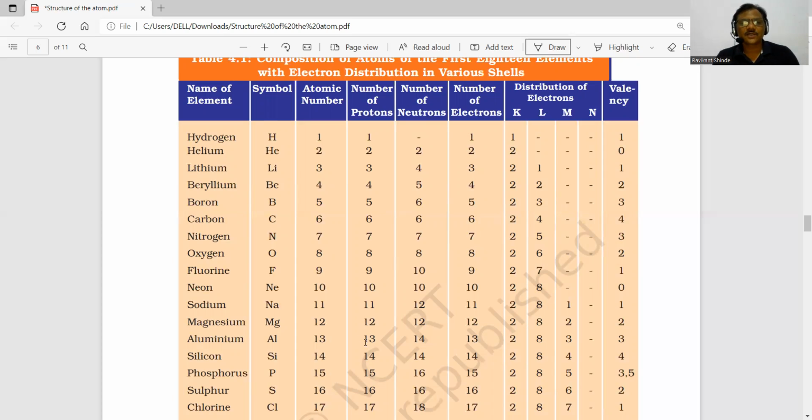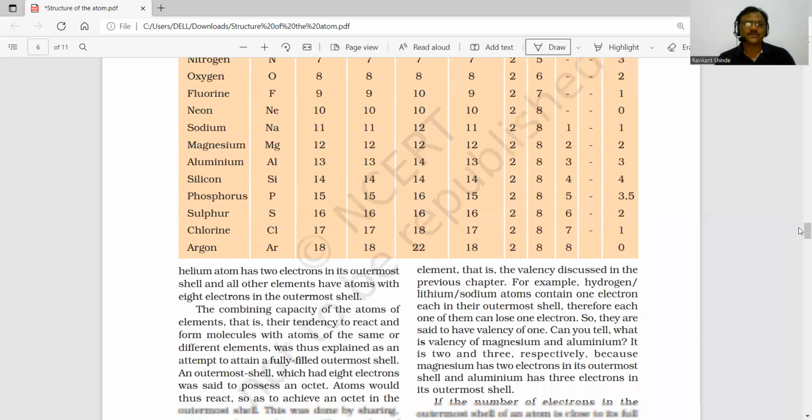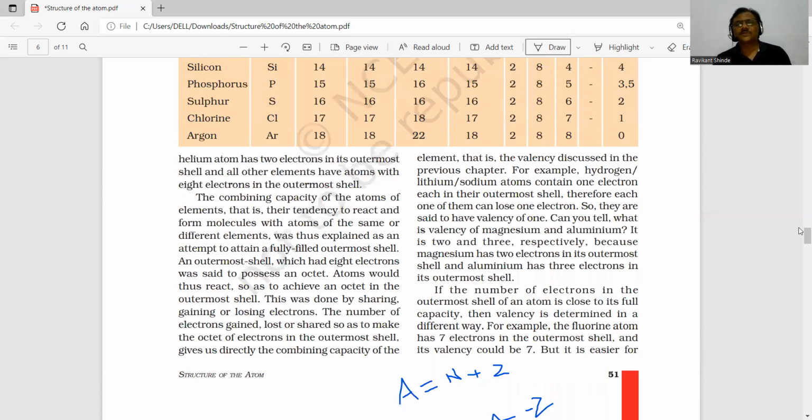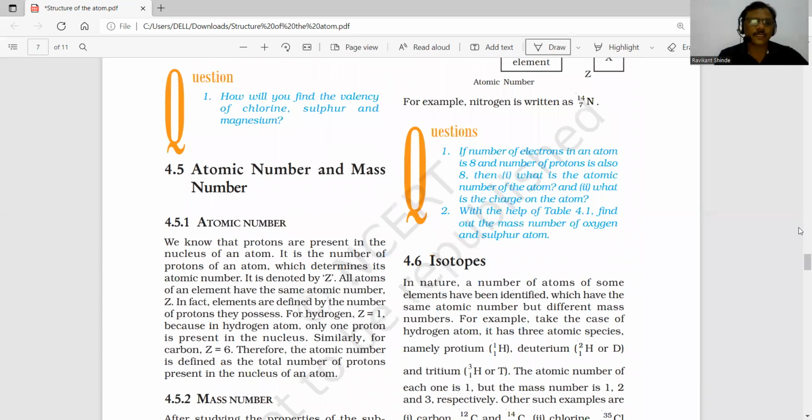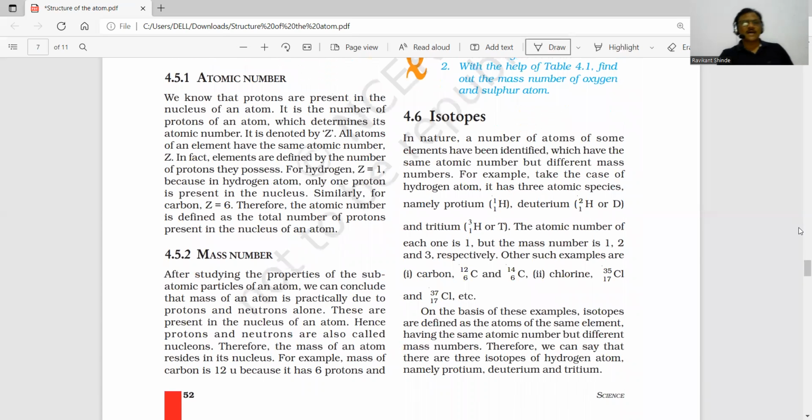Magnesium 24, aluminium 27, silicon 28, phosphorus 31, sulfur 32, chlorine 35.5, here is a decimal. You need to learn this chart so that you will understand the chemistry. Basically, this is a very important chart. Now you understood the mass number.